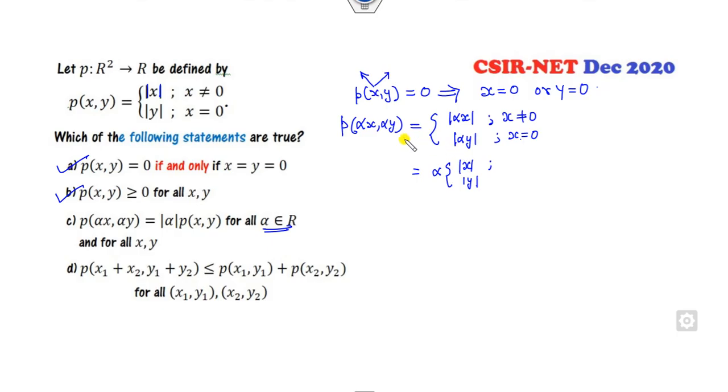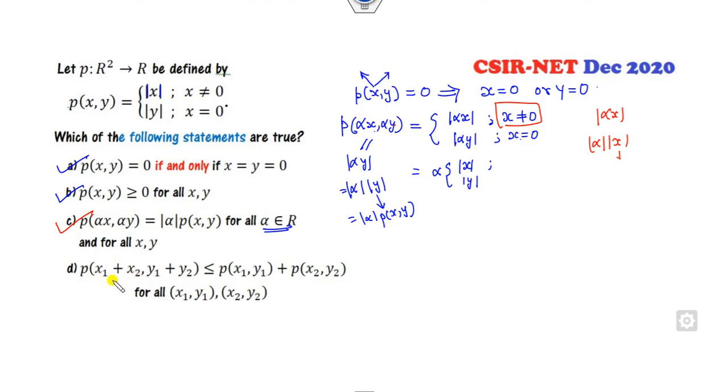Because if x is 0, then this value will be mod alpha y, I can write this number as mod alpha times mod y. So when x is 0, this is mod alpha times P of x y. Second case, if x is non-zero, then this number will be mod of alpha x. Then this number is again mod alpha times P of x y. So this option is also a correct option.